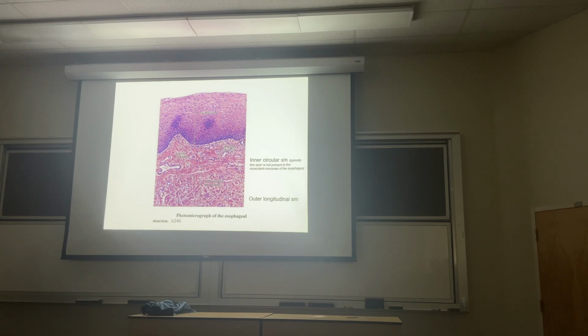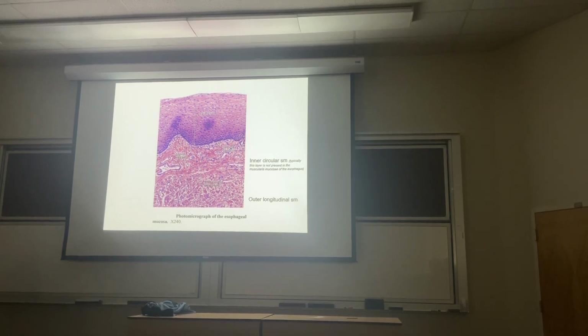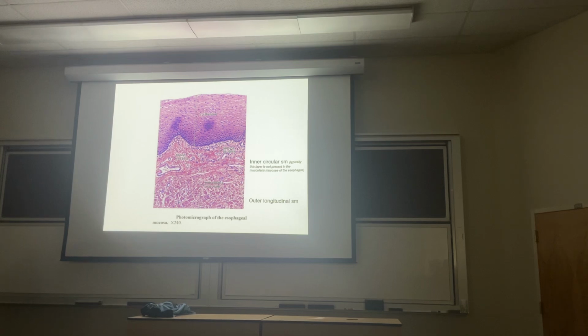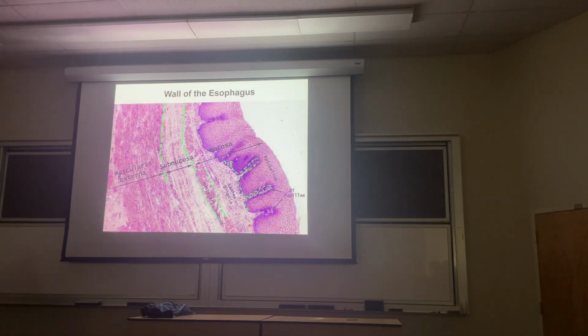So we see some muscle here, and then some coming out at us here. This is the lamina propria. Often it's not very big in the esophagus. There's some blood vessels, and you see some veins and a little arterial there, probably. And out here would be the submucosa and then the muscularis externa.